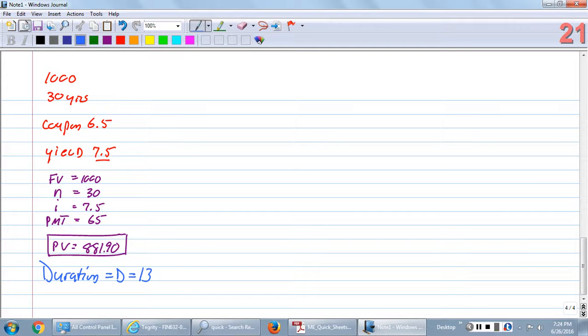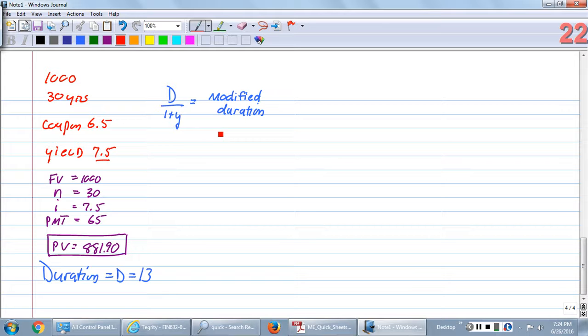I'm going to take duration and divide it by 1 plus my yield to maturity. That gives me another term called modified duration. And modified duration is kind of a cool tool also, because here's what it does for us.